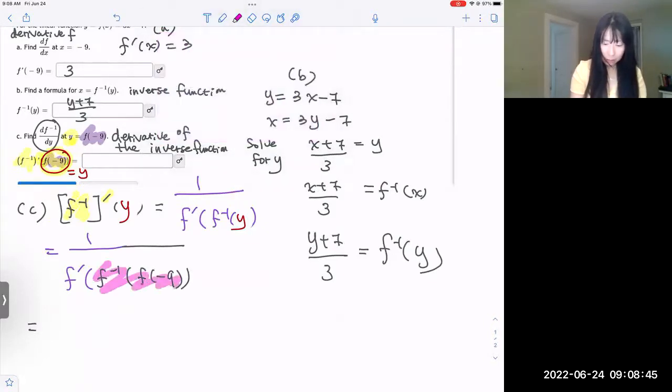We can have -9, right? Let me just say using x because we learned that way. Since they are inverses of each other, we get this, right?